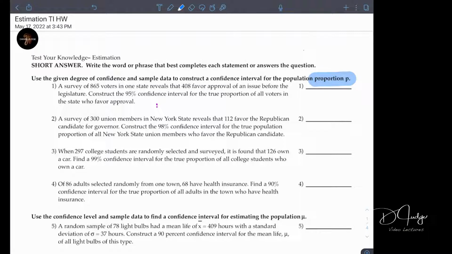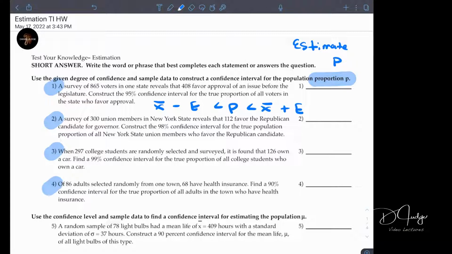Population proportion P. What that is, this is code for estimate a proportion. So you're going to estimate P. So remember your format. And this is going to be the format that's going to be used because the first four questions here, 1, 2, 3, 4, these are all about estimation of a true proportion.